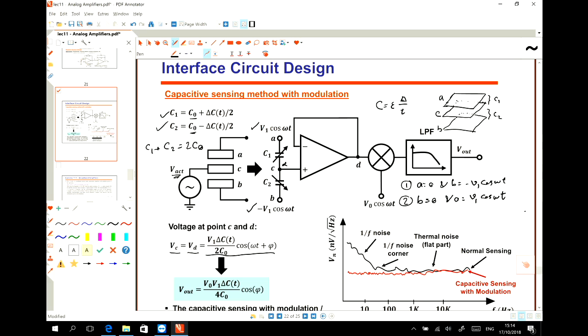For example, for the second case, the voltage at this point, VC, equals VB multiplied by Z of C1 divided by Z of C1 plus Z of C2. For the other one, the same: VA times ZC2 divided by ZC1 plus ZC2, and then the superposition of these two. So this is VD.